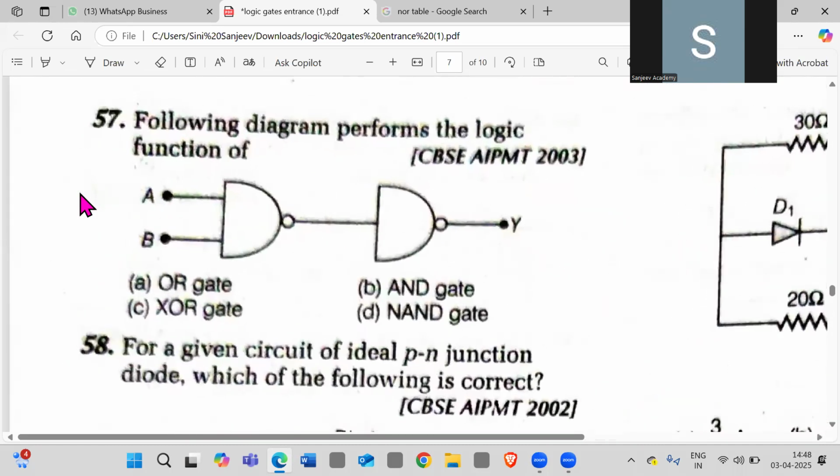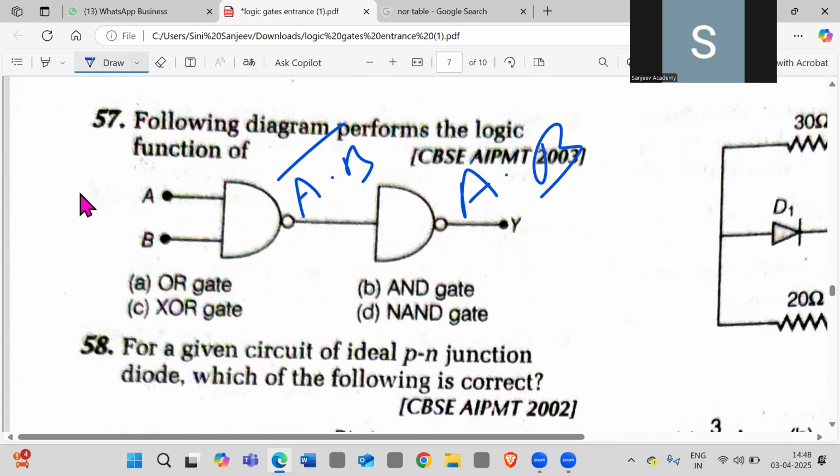Do this thing. Here also same mechanism. A dot B the whole complement. And this is basically what? A dot B. Which is what is the answer 57th one? Is it clear for everyone? 57th, AND gate. Each and everyone in the chat, please message me if it is clear or not clear.